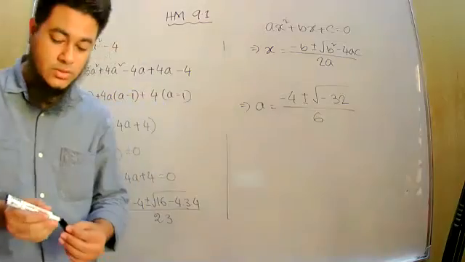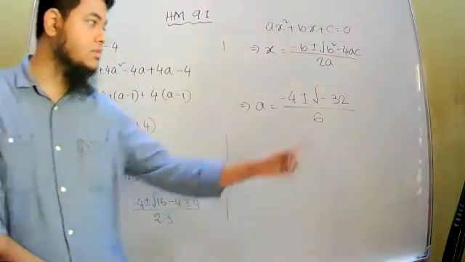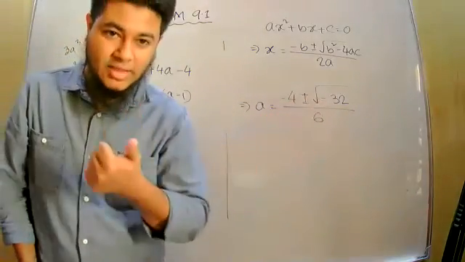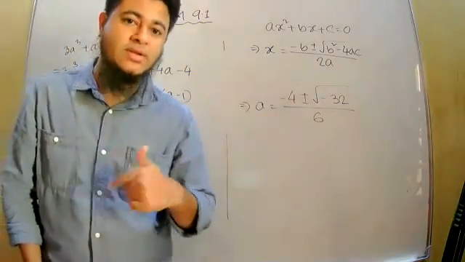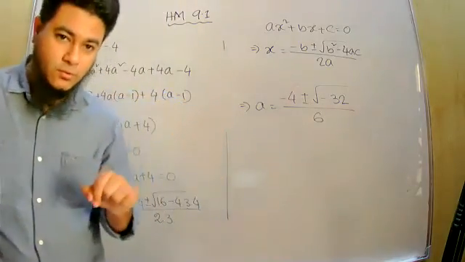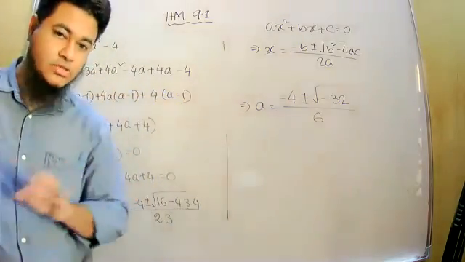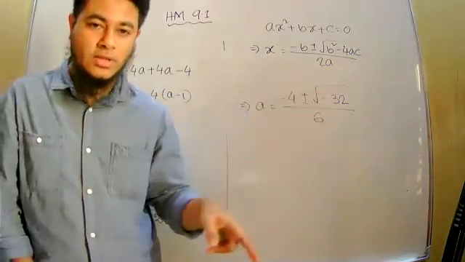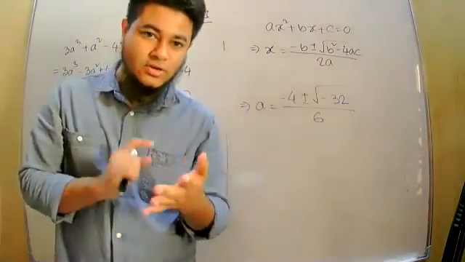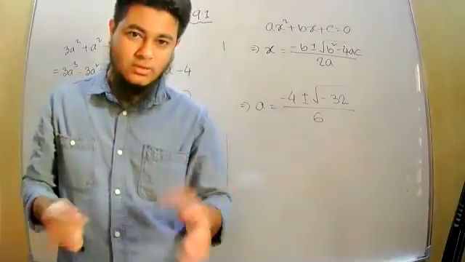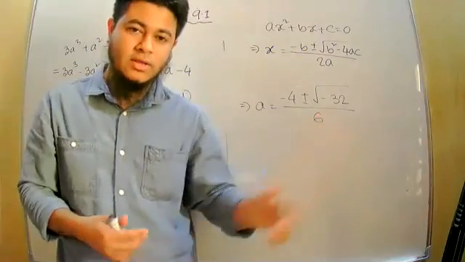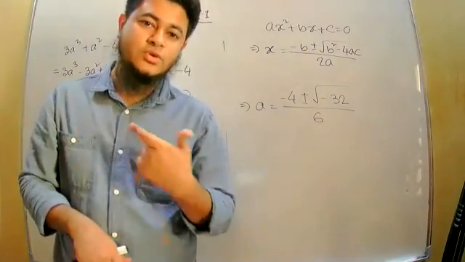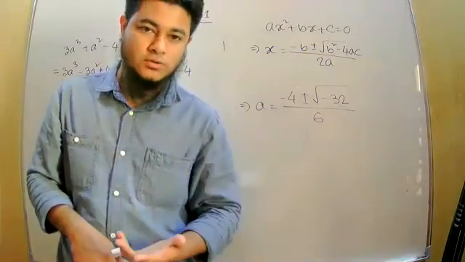How did I understand this one is not a real number? Because in root over, if there is minus, this is not a real number, it is an imaginary number, because inside root over, in real numbers, it is not possible that there will be a minus or negative number. If you write it in the calculator, root over minus something, maybe minus 32, you will see that it shows math error, because this is not possible.